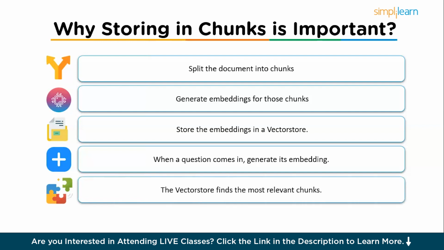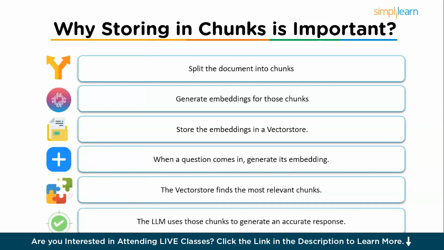The vector store finds the most relevant chunks, and finally, the LLM uses those chunks to generate an accurate response. This is how the RAG system works. They're not just smart, they're efficient. They don't try to memorize everything. Instead, they store what matters in the right format and retrieve it when needed. So let's now see everything in action.